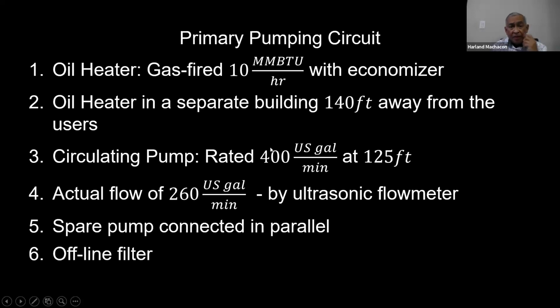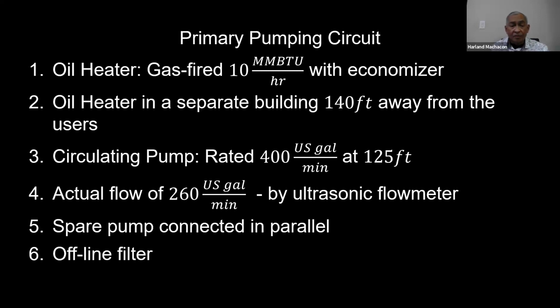In the primary pumping circuit, we have an oil heater, which is gas fired, and the capacity is 10 million BTU per hour with an economizer. The oil heater is situated in a separate building about 100 feet away from the users. The circulating pump is rated at 400 US gallons per minute and a head of 125 feet.